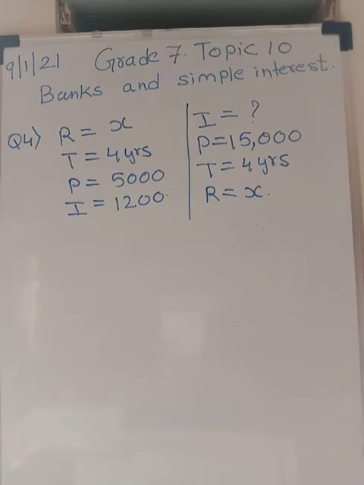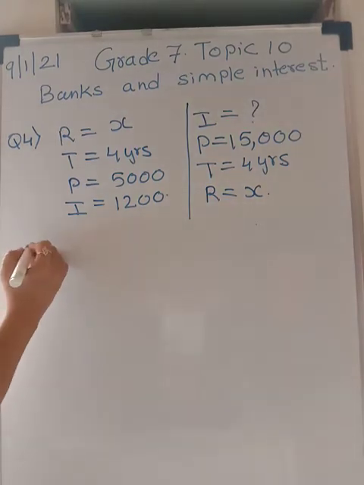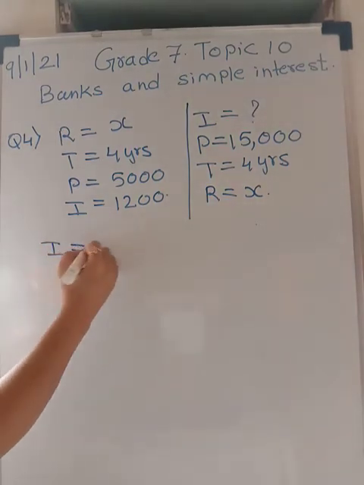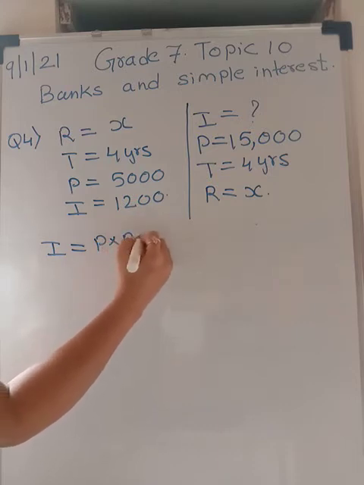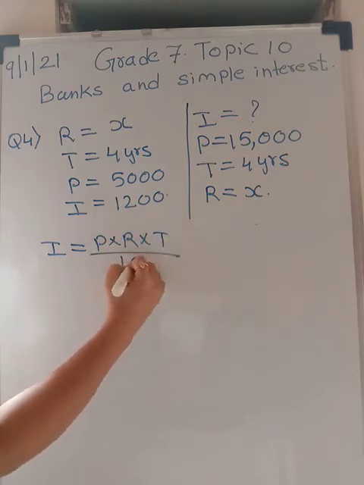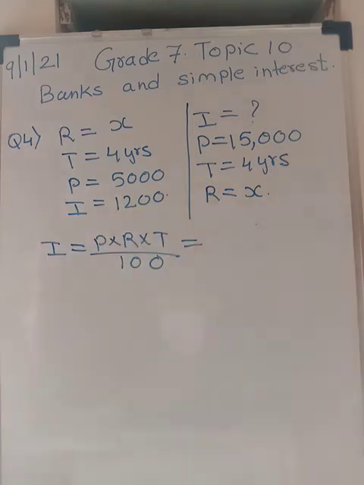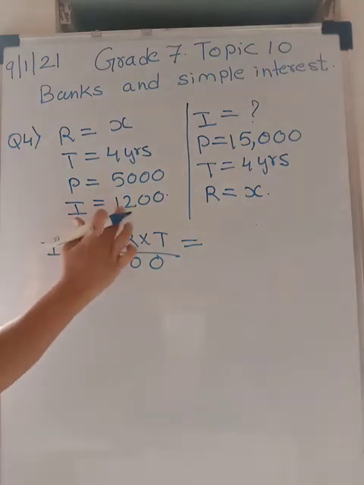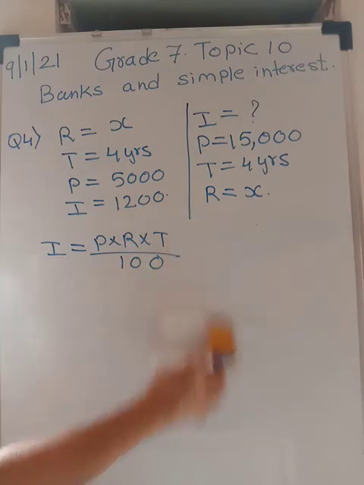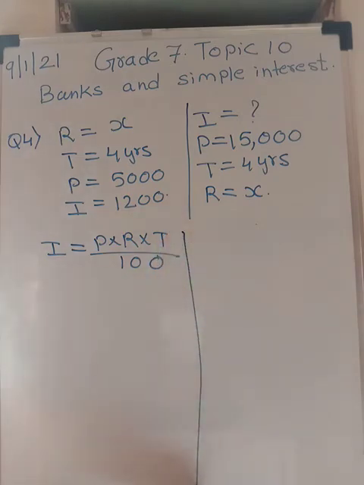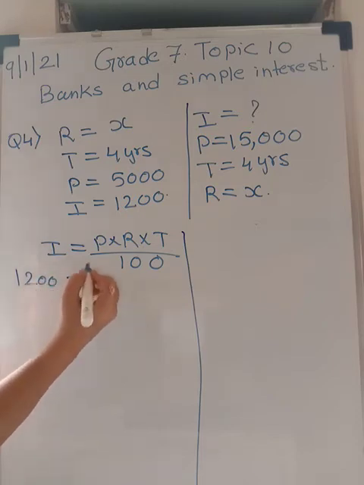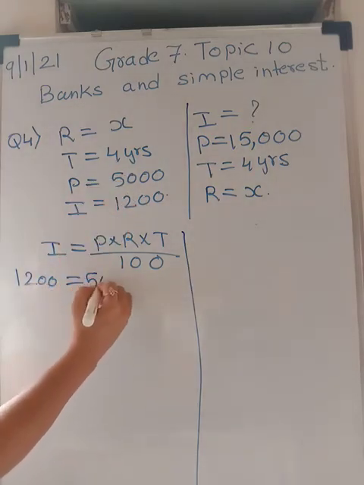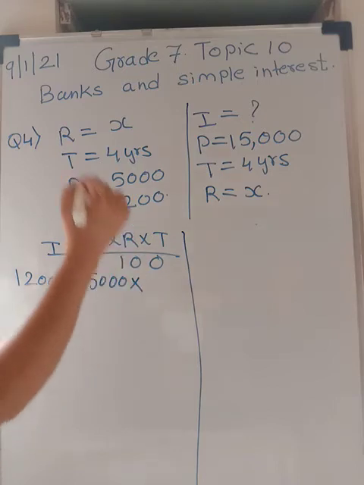So we have first I is equal to P into R into T upon 100. Let us substitute and find out. Interest is given as 1200. So I am making two parts. First we'll solve this. So you have 1200 is equal to, how much is principal? 5,000 into, how much is rate?